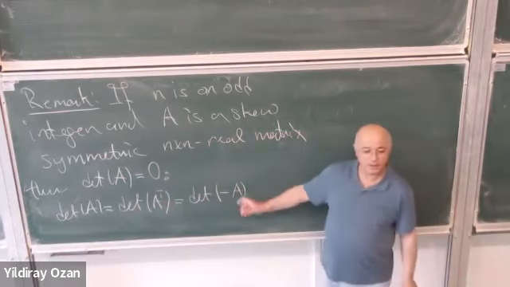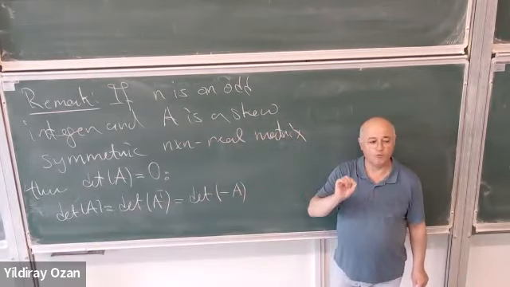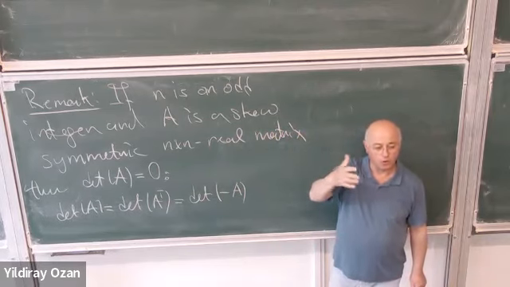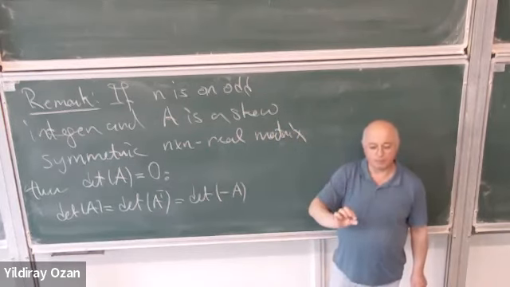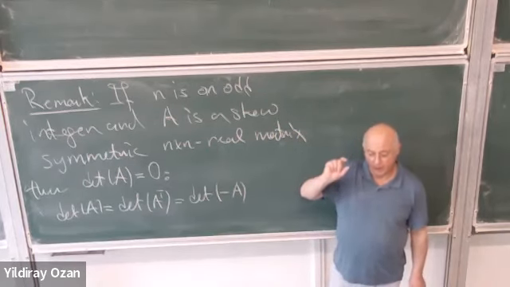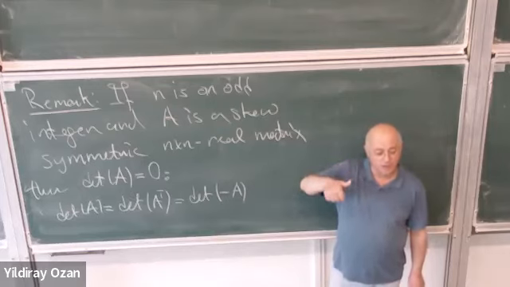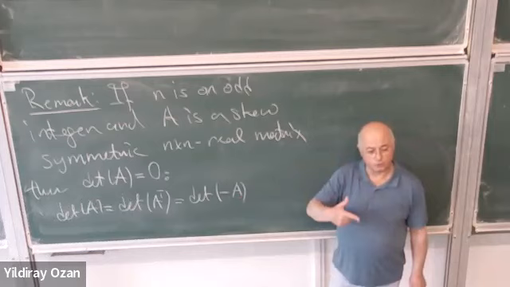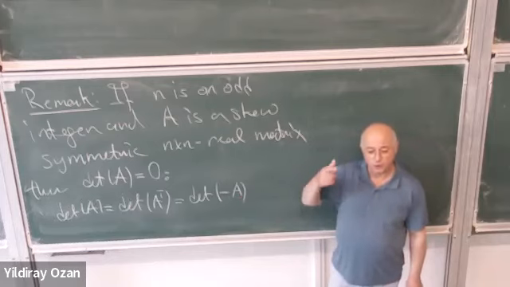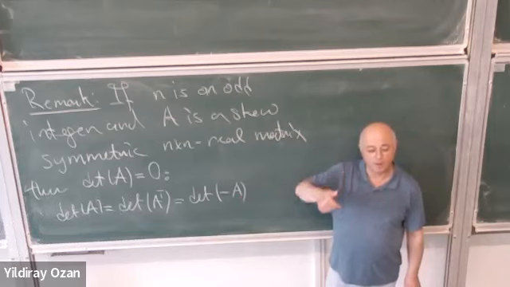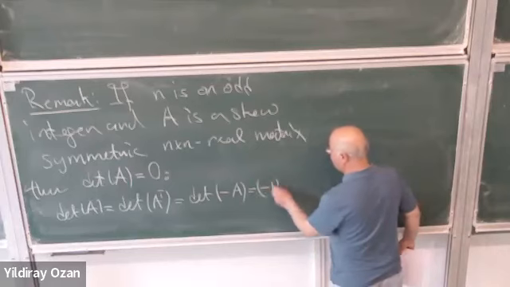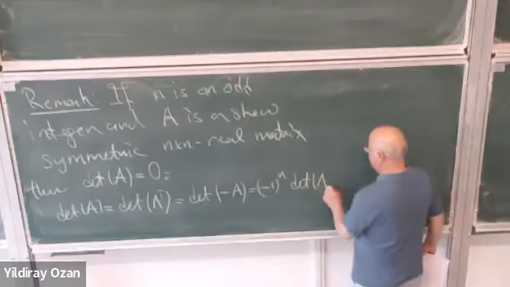Well, minus A means you multiply each row by -1. And you have n many rows. Multiplying a row by -1 changes the sign of the determinant. But here you have n many rows multiplied by -1, so each one changes the sign, and you have n of them. Therefore, this is just (-1) to the power n times the determinant of A.